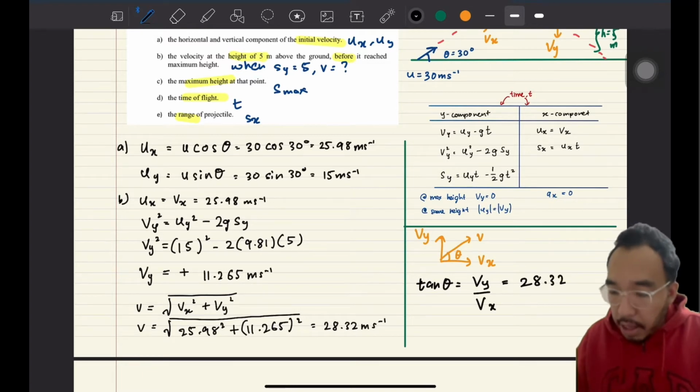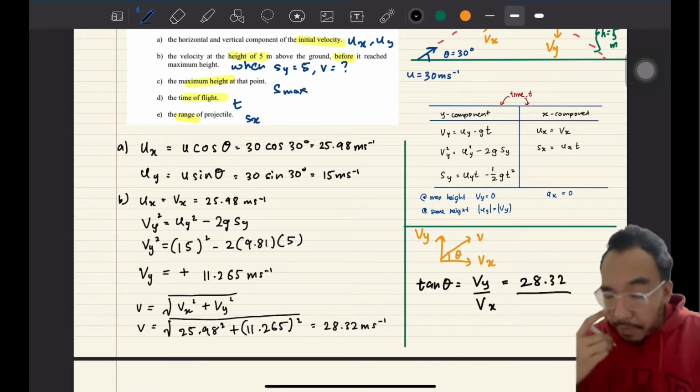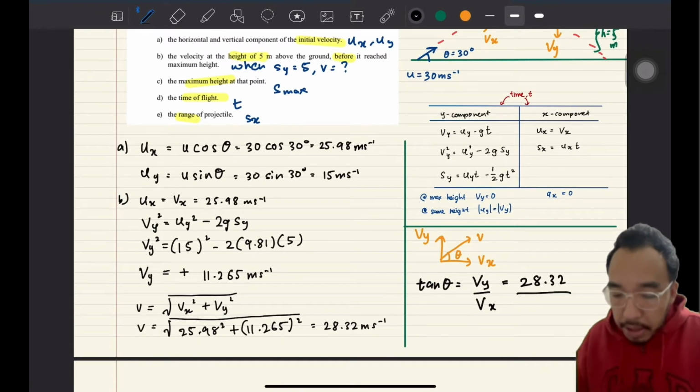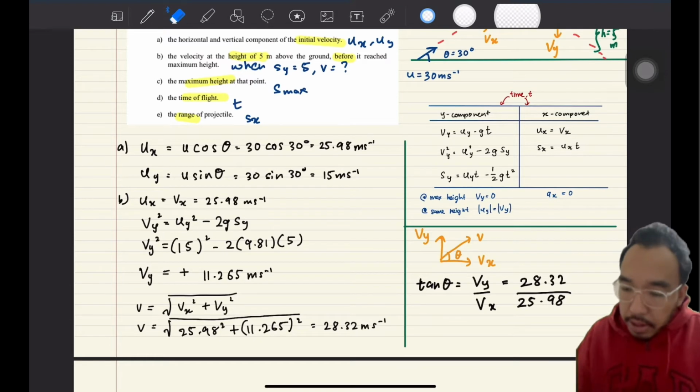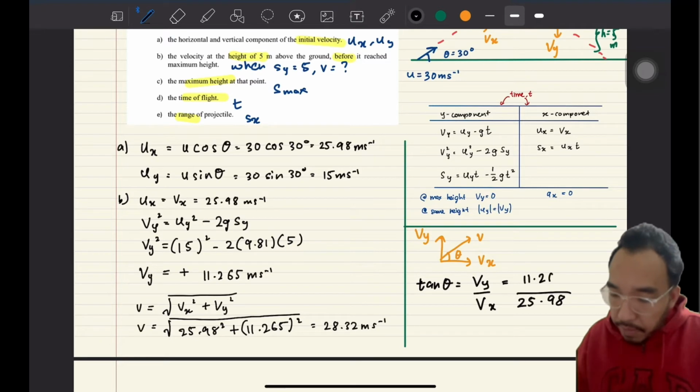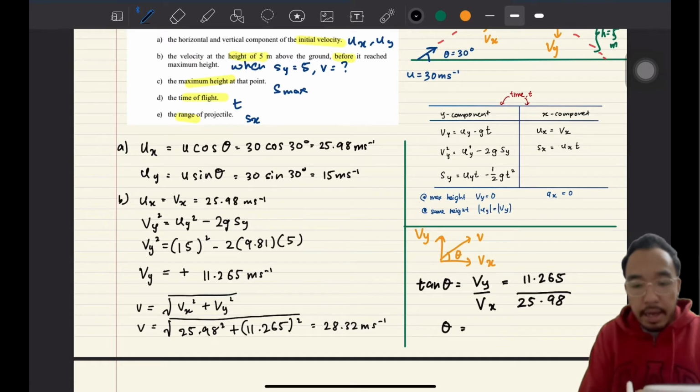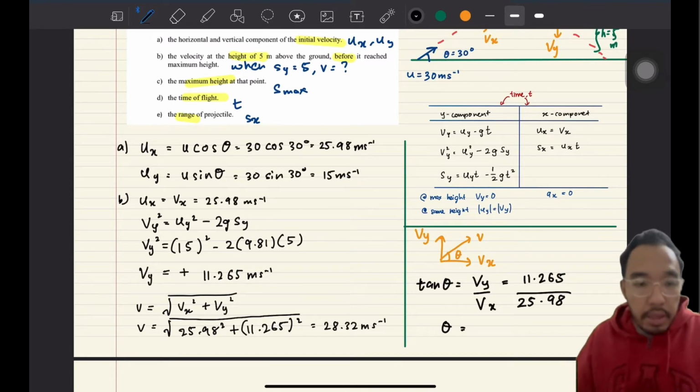If, when you use this method, you have a Vy that is negative, you can ignore the negative because you already drew the diagram, for the direction calculation. 25.98, I think I got this one wrong over here. It should be the y component, which is 11.265. So your theta is basically arctangent of that number. I got here 23.44.